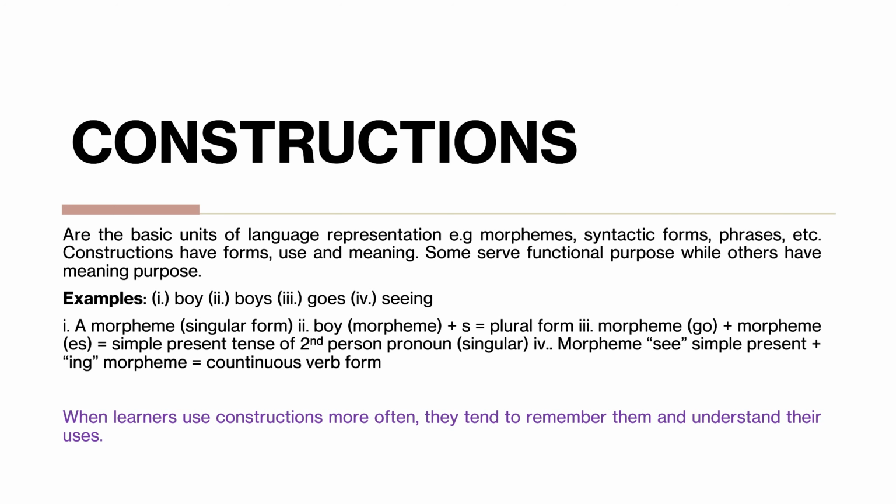But when the learner hears the word "boys," B-O-Y-S, there is an indication and interpretation for the learner to understand that the addition of the morpheme S is to indicate that boy has changed from a singular version to plural. Therefore, the language learner is able to learn that more constructions can be developed from a single word to distinguish singular and plural, present and past tense, and so on and so forth.